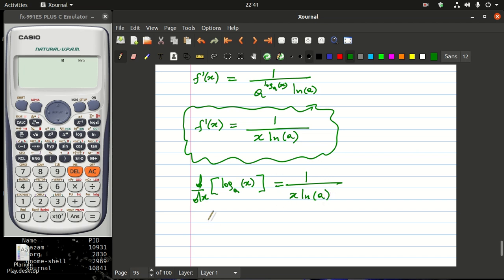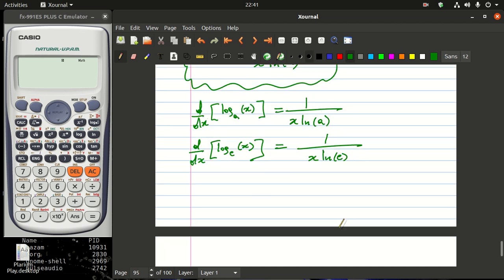Again, another thing will be, now if I change this base to be e, in other words, if I am looking for the derivative with respect to x of log base e of x, I am going to get something like 1 divided by x times ln of e, because now instead of a I have an e. Because this is just ln, you can see that it is 1 over ln of e.